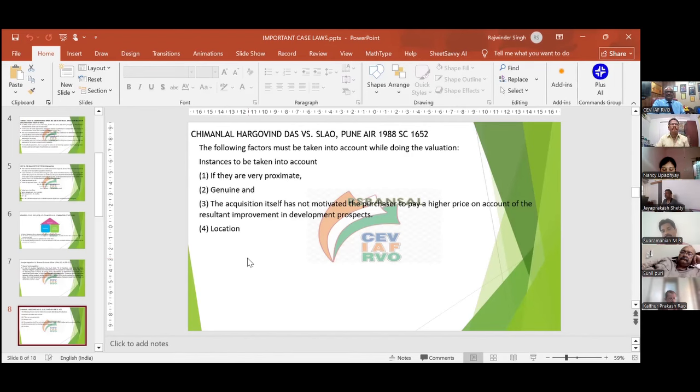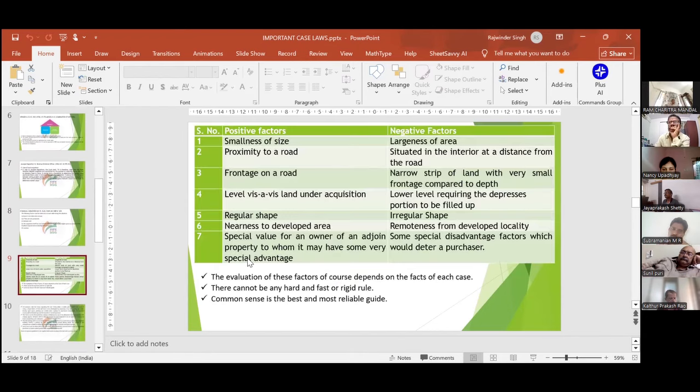The following factors must be taken into account while doing a valuation. Very important case law: Chimanlal Hargovindas versus SLAO. Some of the important factors which you must consider as per this case law.